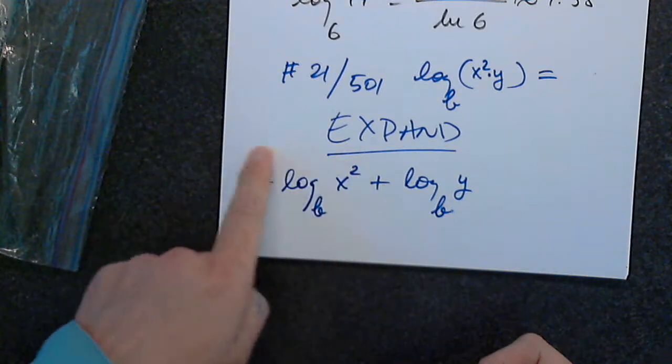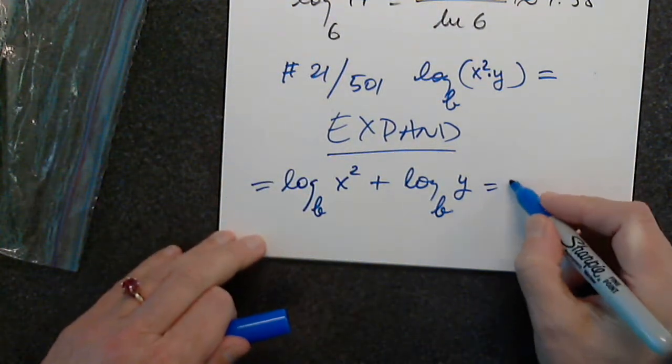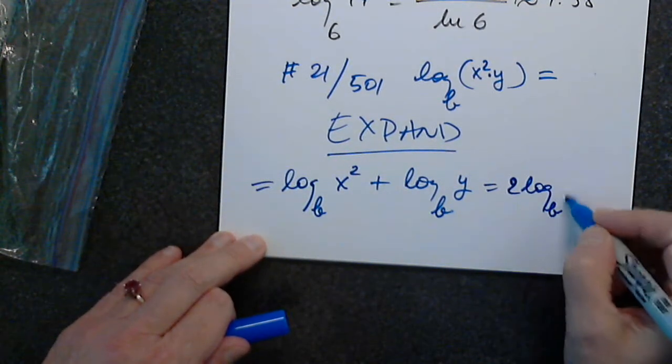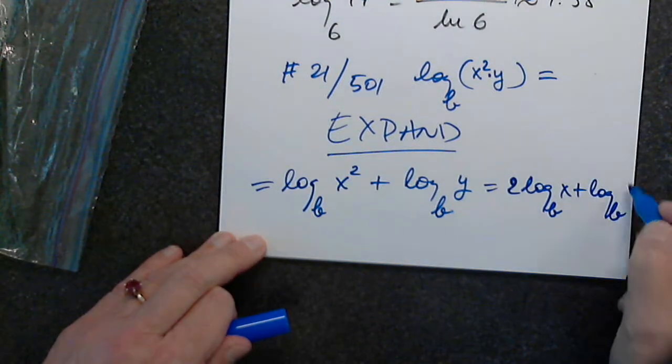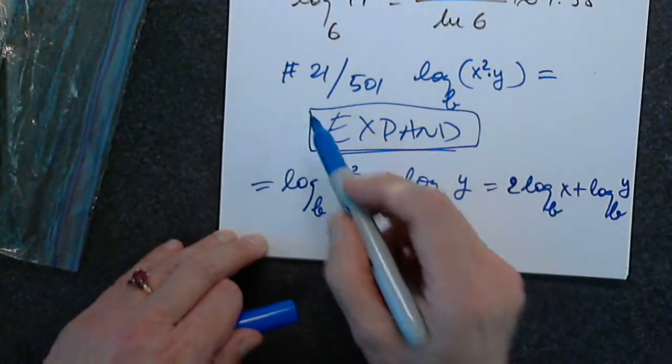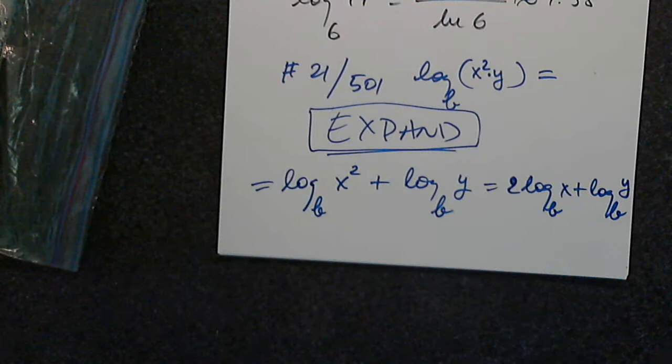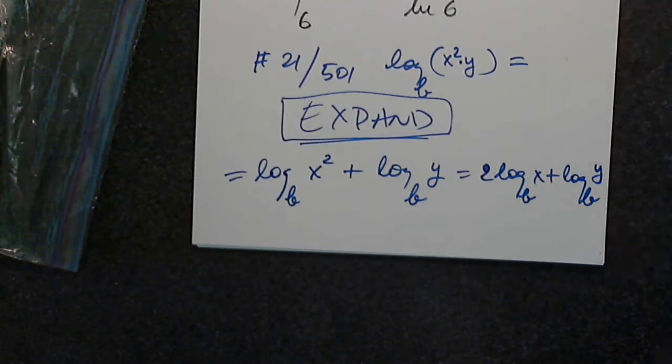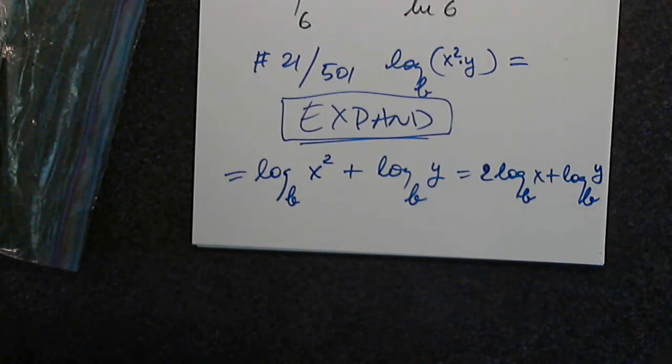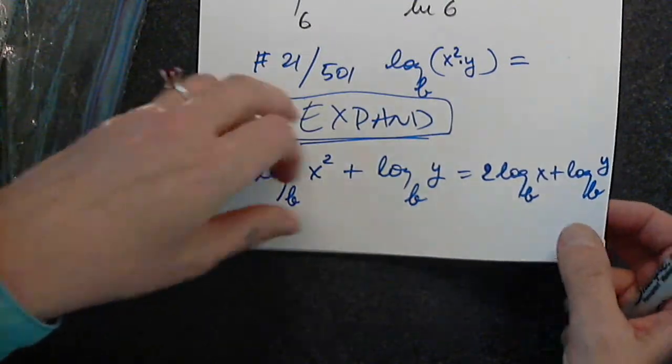So the 2 goes in front as a factor. 2 log base b of x plus log base b of y. We expanded the log applied to, let's say, a complicated expression into simple plain logs. Of course, this was a simple situation. Let's look at the next one. Any questions so far on this?